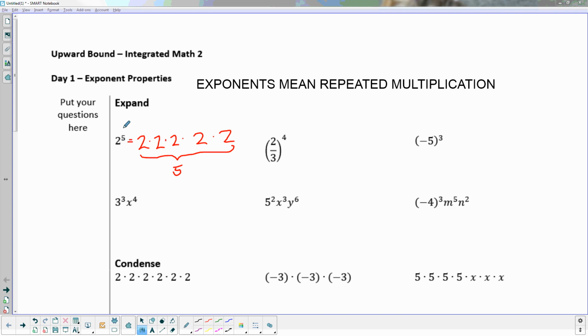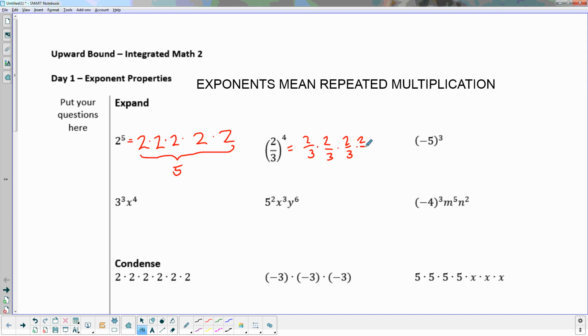So we want to be able to write these things with these exponents and not always have to have a number answer. That's not what I'm always looking for. So I want to practice that. If I look at 2/3 to the 4th power, it's going to be 2/3 written down 4 times with multiplication in between.